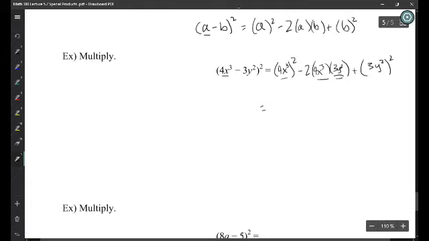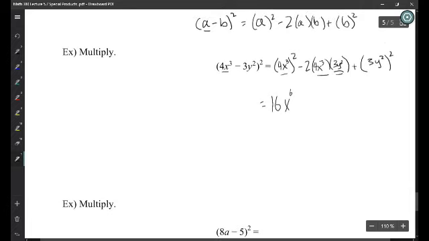And then here we square the 4, get 16, and square x cubed and get 3 times 2, 6, so x to the 6th. Here we have minus 2 times, let's multiply these together first. Multiply numerical factors, 4 times 3, 12. x cubed times y squared is x cubed y squared.